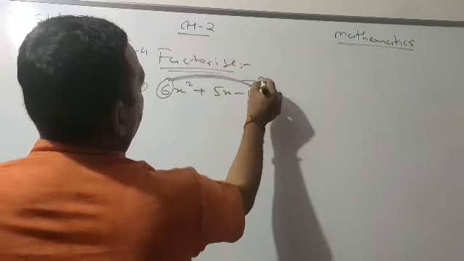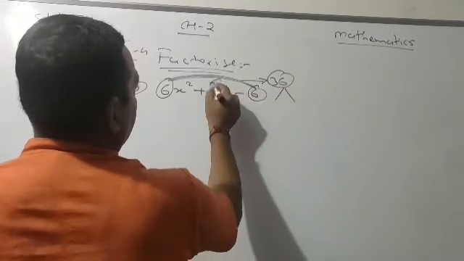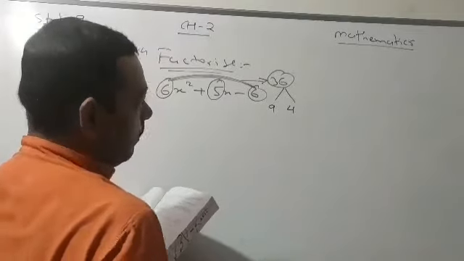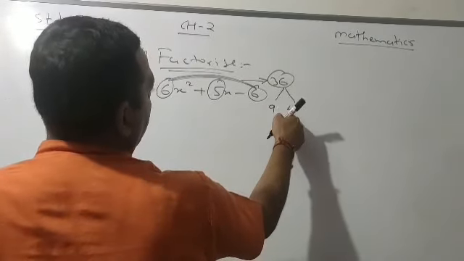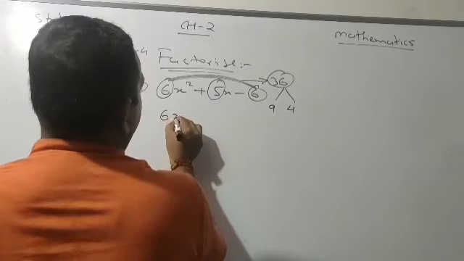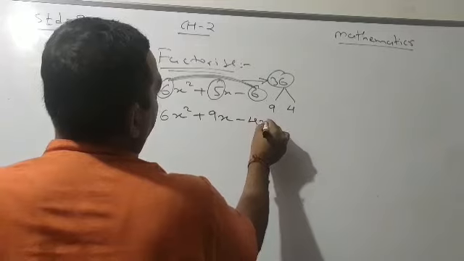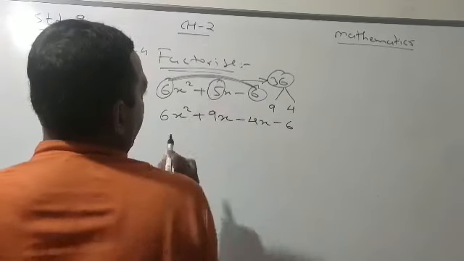See the product. The product gives 36. We have to find factors of 36 which give us 5. By practice you can factorize this. 9 fours are 36 and the difference of 9 and 4 is 5. So we will write 6x square, positive 9x, negative 4x, negative 6. Positive 9, negative 4 gives positive 5x.